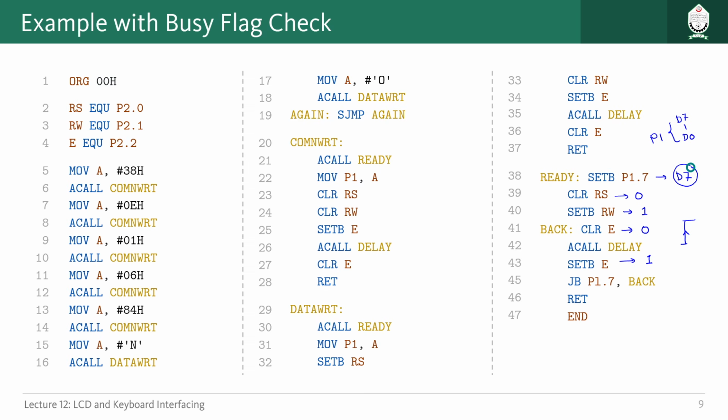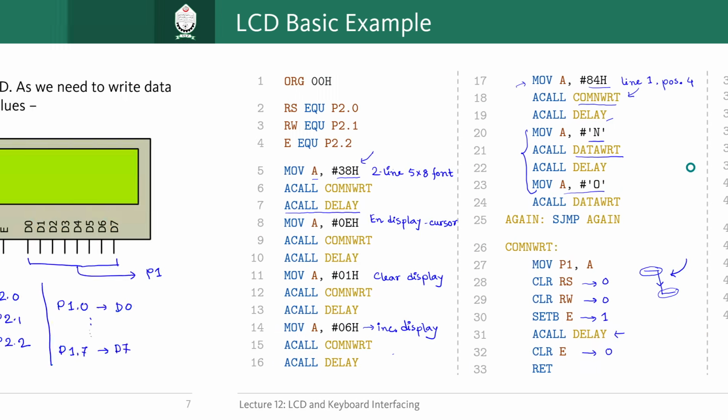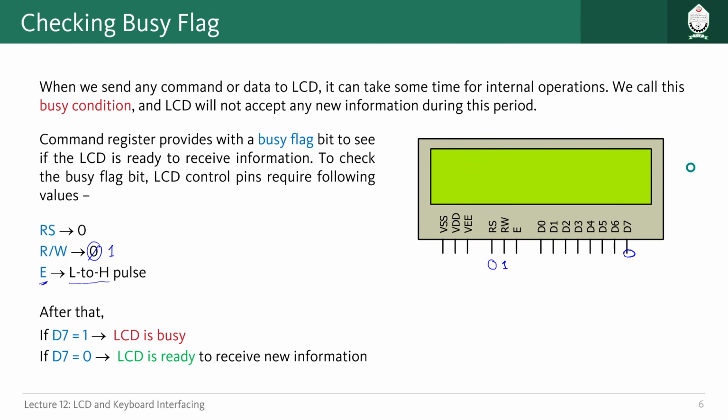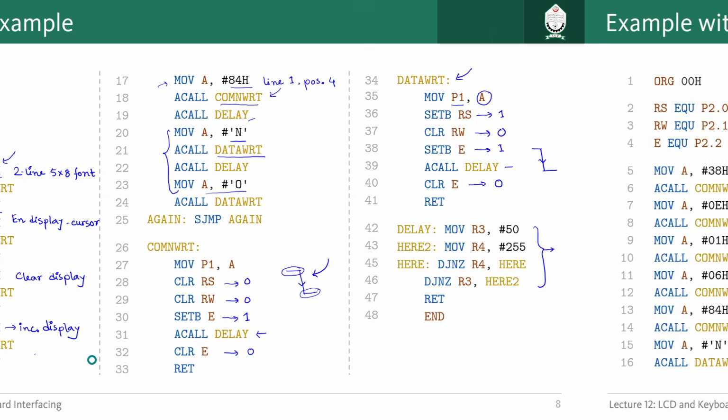So we know from our previous discussion, let us look at that again. So this was the discussion. So after doing all of that, whenever we get the data from D7, if that value is equal to 1, we will know that LCD is busy, and if D7 is equal to 0, LCD is ready to receive new information. So let us look at the code again.